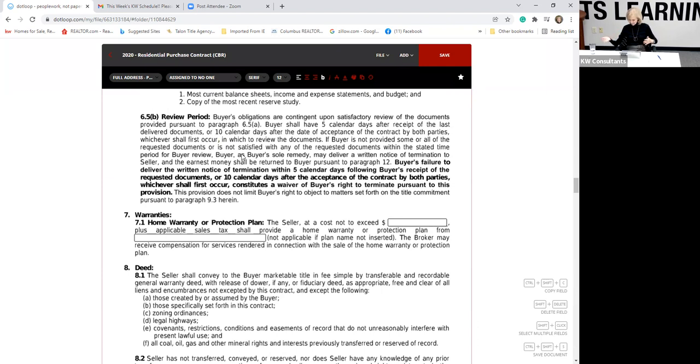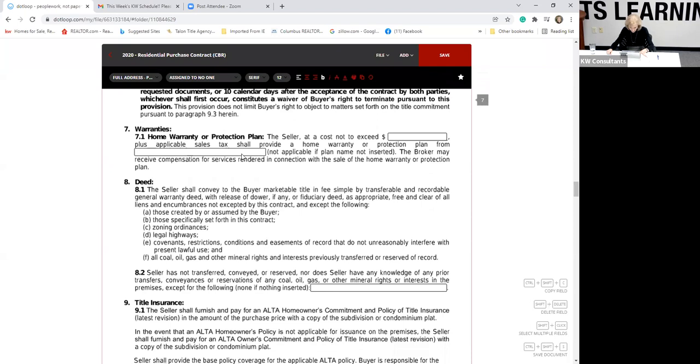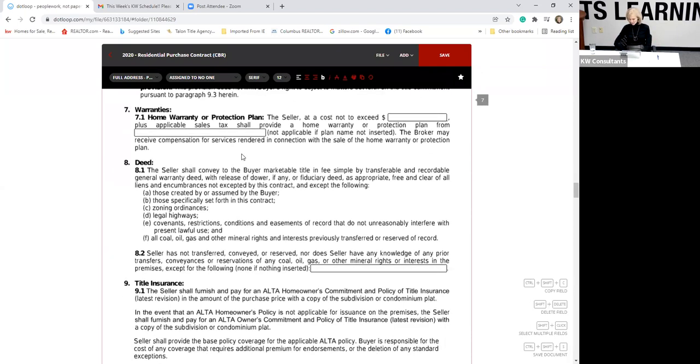If they don't review it and don't object to something, maybe there's a big raise in their monthly fees because the condominium complex has to get a whole new roof in 2022 and nobody found that. So you've got to be really careful and make sure they do read what's provided to them.